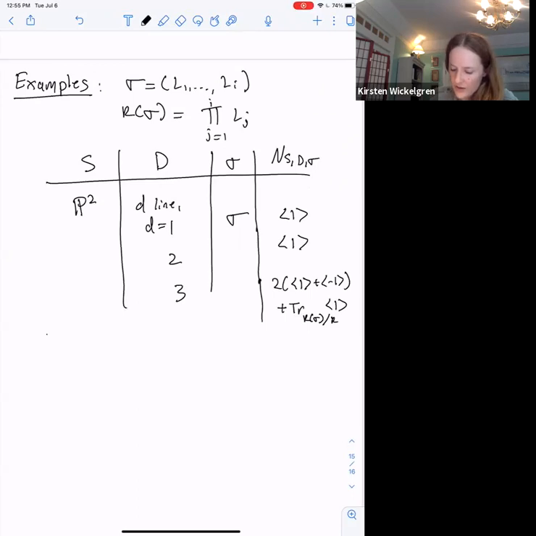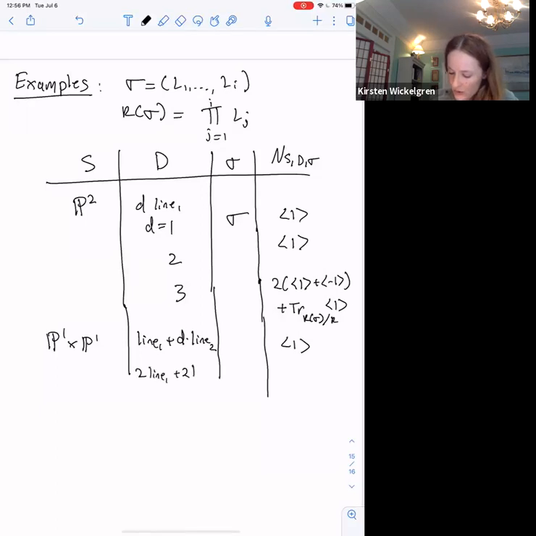So if we have P1 cross P1, and we have line 1 plus D line 2, that's just 1. But if we do 2 line 1 plus 2 line 2, we get 2 times 1 plus minus 1, plus 1, plus the trace form of K of sigma.